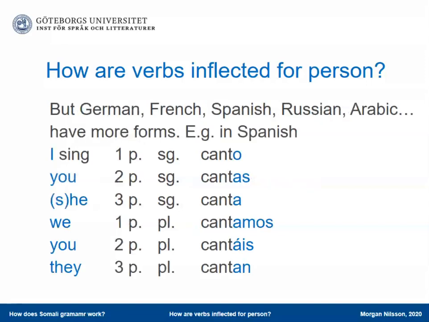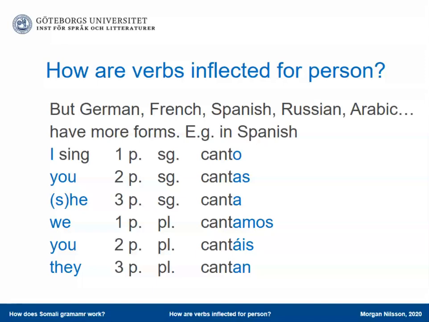But many other European languages, such as German, French, Spanish, Russian, as well as Arabic, have many more forms of the verbs with respect to person. So, for example, in Spanish, there are 6 different endings expressing the 6 different persons that a Spanish verb differentiates between.